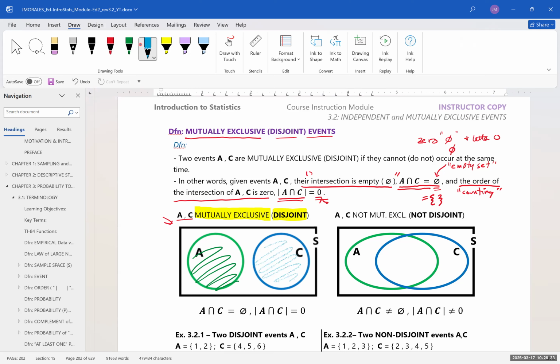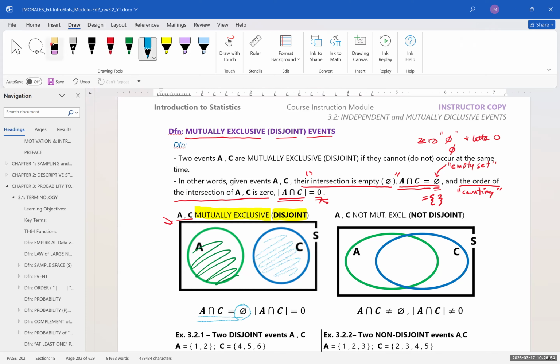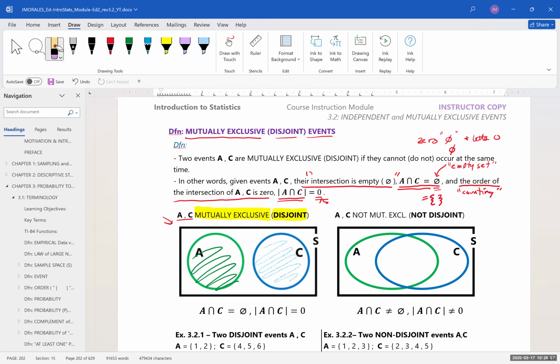There is nothing in common between A and C because those two events do not overlap. So there are no items in the set of their intersection. And because there are no elements, no outcomes in this intersection, the order of that intersection is going to be zero because there's nothing there.